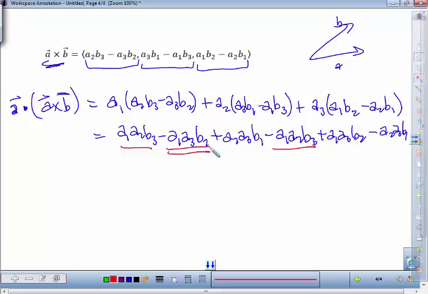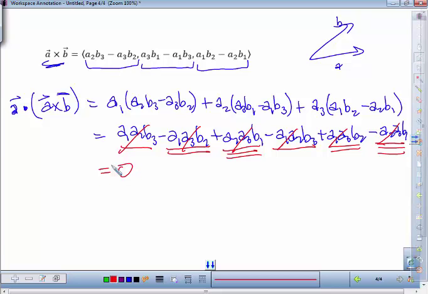Negative A1A3B2 and positive A1A3B2, that's gone too. And then we have positive A2A3B1 and negative A2A3B1. So all these cancel themselves out, and you get 0.